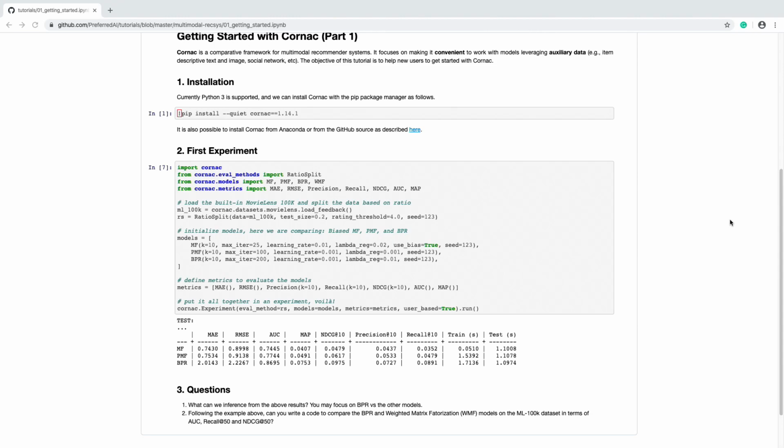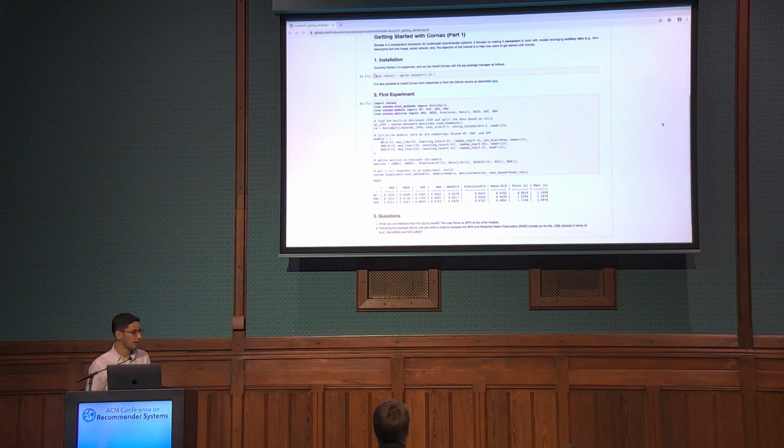And then there is a second question, if some of you want to take some time, which asks you to modify this code to compare the weighted MF and the BPR model, which is a more fair comparison, as weighted MF doesn't focus only on reducing the error between the predicted values and the real ratings.